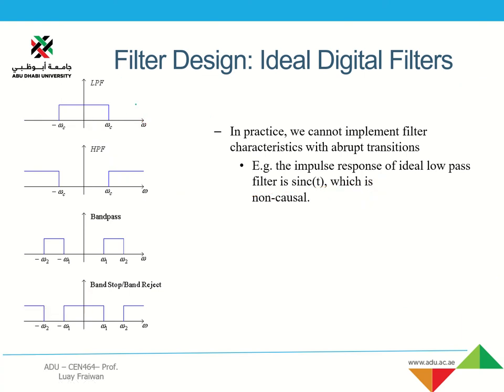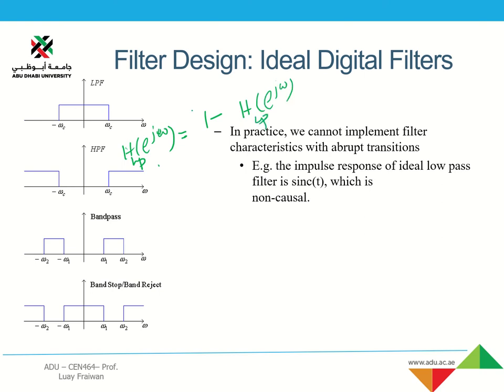The other thing is, if you know the low pass filter characteristics, you can design any other filter. For example, for the high pass filter, my transfer function will be 1 minus the low pass filter transfer function.